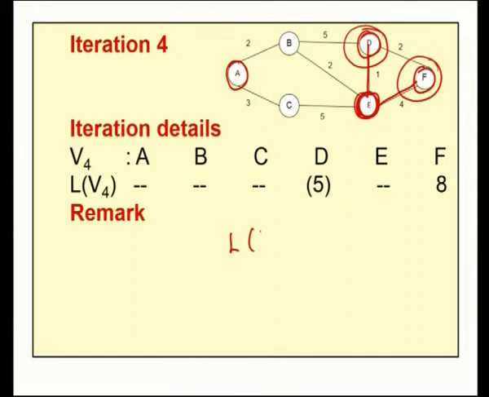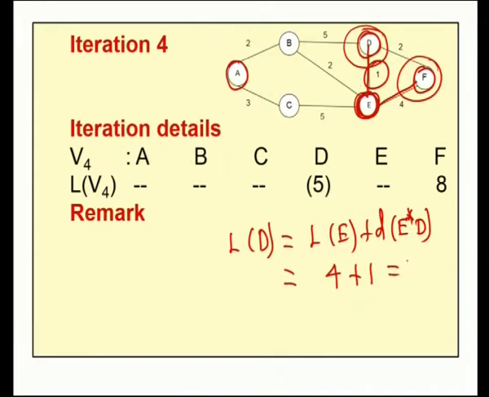Therefore, our labeling value of D is labeling value of the node E plus distance of the arc E star to D. So, L of E in the previous step we assigned as 4, and the distance of the arc E to D is 1. Therefore, L of D equals 5, and using the same formula, L of F is L of E star, which is 4, plus the distance of the arc E star to F, which is 4, giving 8.